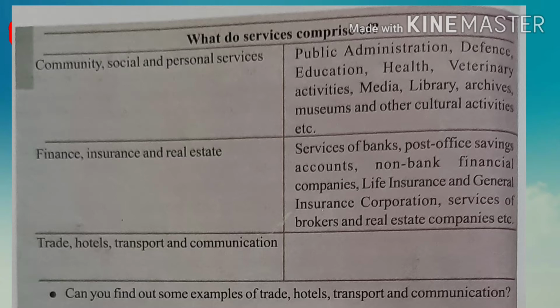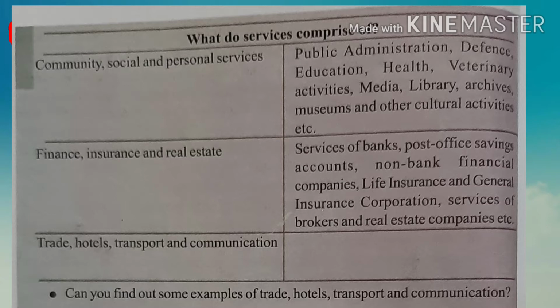These belong to public administration, defense, education, health, veterinary activities, media, library, archives, museums and other cultural activities. Do you know veterinary activities? The activities related to animals. Archives means the place where we preserve our traditional things, old things.